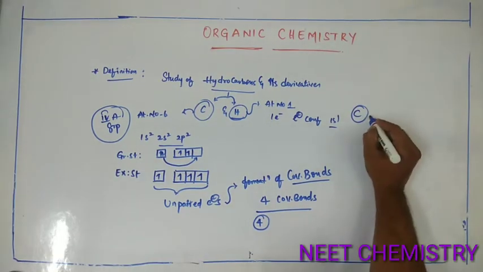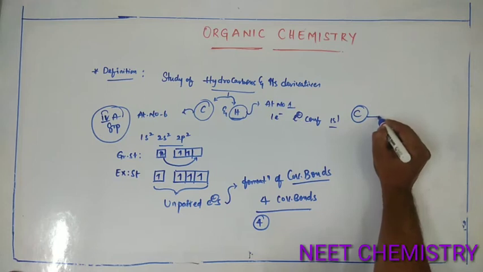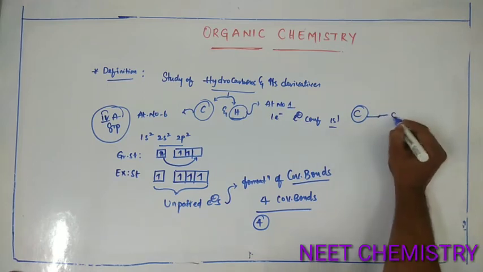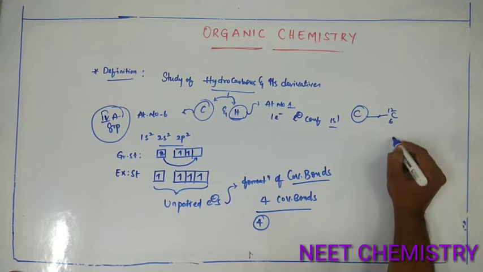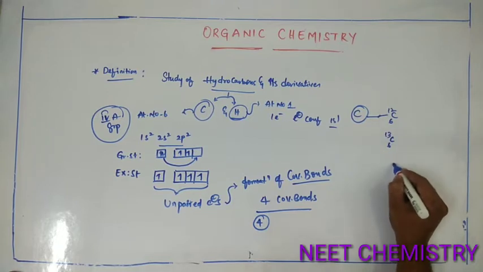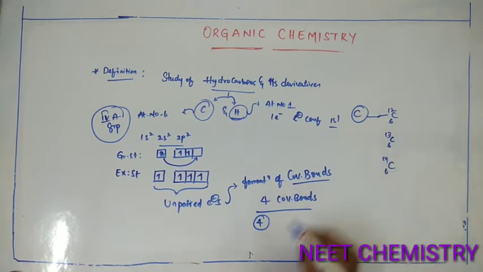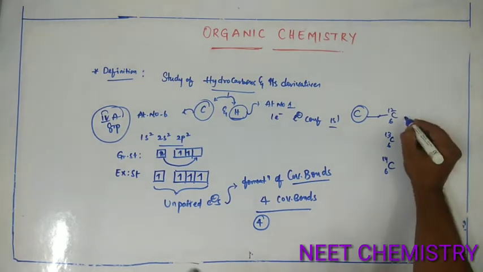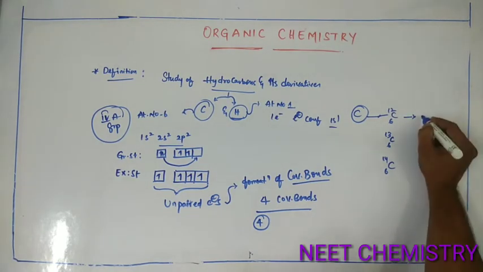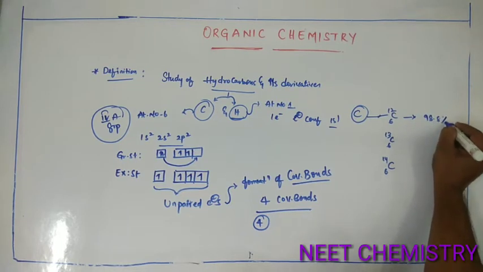Carbon has 3 types of isotopes: the C12 isotope, C13 isotope and C14 isotope. The C12 isotope is widely available, with an availability of 98.8%.